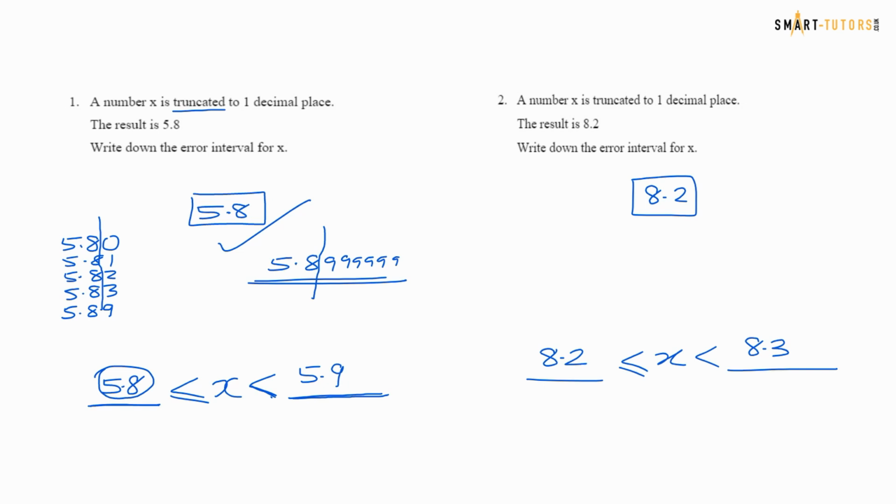Anything less than 8.3 is possible. So careful, this is truncation. Truncation means the number could be 8.29999 something, and when truncated, the answer is 8.2. So the maximum number could be 8.2999, and it's not equal, which means you can go up to 8.3. The easiest way to remember: 8.2 is the minimum value, add 1 in the decimal place, so 8.3 is the maximum value. Let's look at the next question.